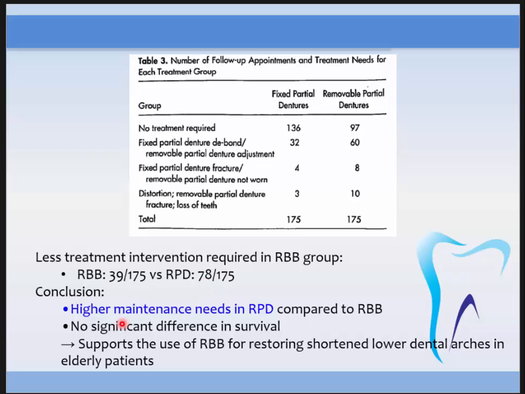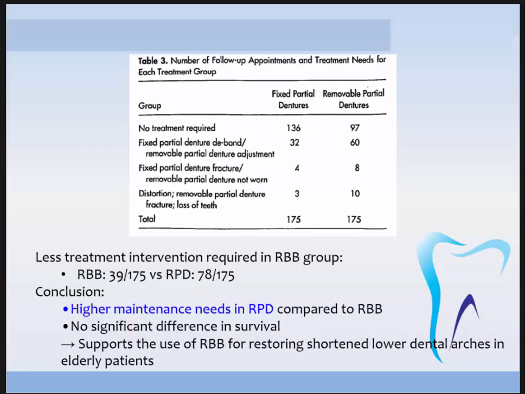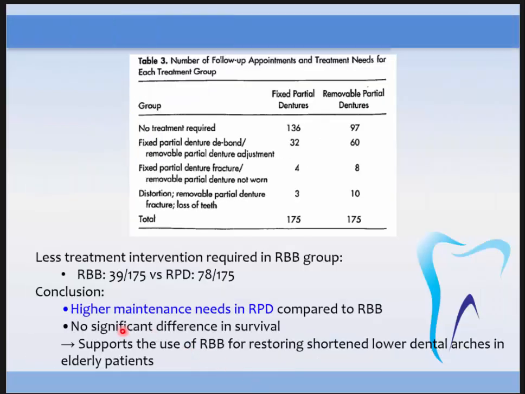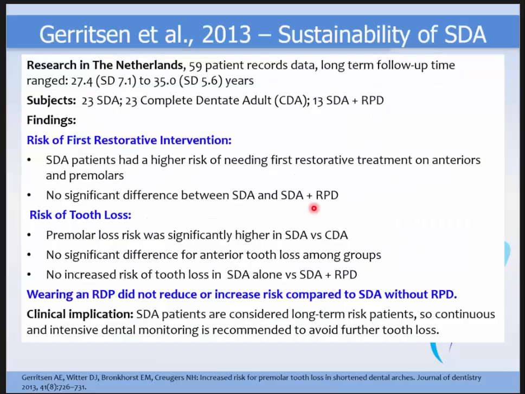So they concluded that although the RBB and RPD groups are not very different in terms of the hazard rate, patients in the dentures group need more maintenance visits. So they actually support the use of RBB in restoring the SDA for elderly patients. Now let's look at the research about sustainability of the shortened dental arch.